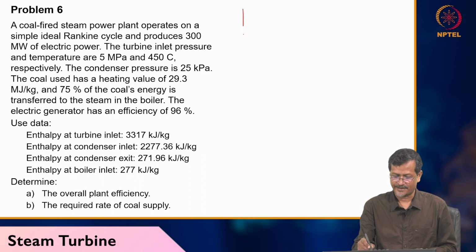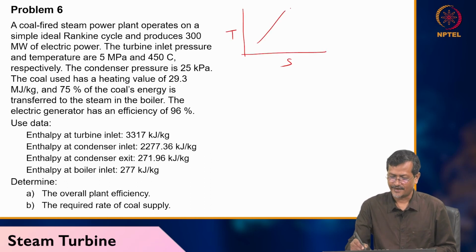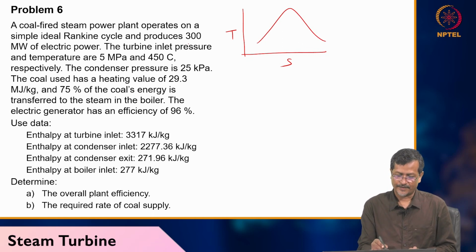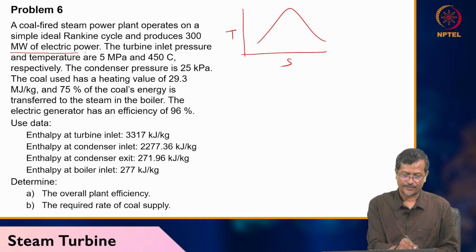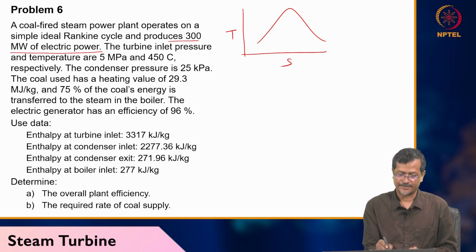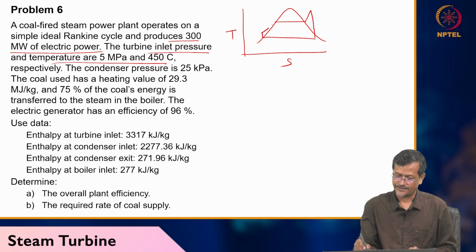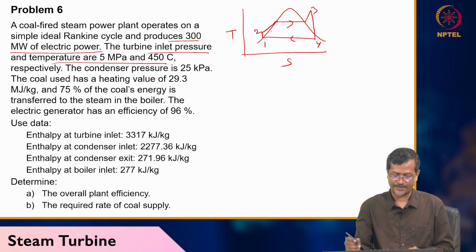So first, Rankine cycle when I am talking, TS diagram, okay, and your envelope. It produces 300 megawatt electric power. So how much electric power it is producing, it is given. Turbine inlet pressure and temperature is given. Okay, so again numbering here 1, 2, 3, 4, you can see I am changing the numbering.